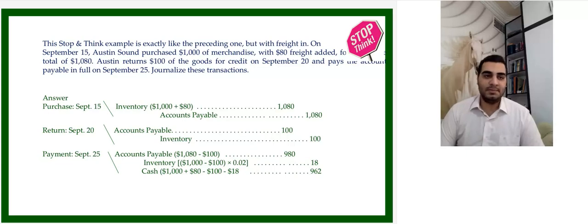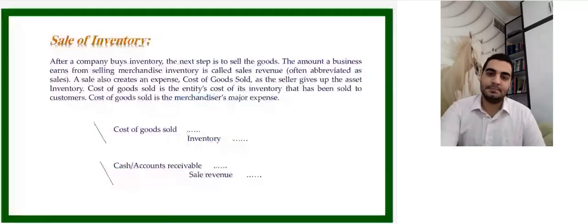Finally, for our payment on September 25th, accounts payable is debited for $980, and then we're going to subtract our discount amount, which is $18. We're going to credit our inventory for $18, and then we're going to credit our cash for the rest of the amount.